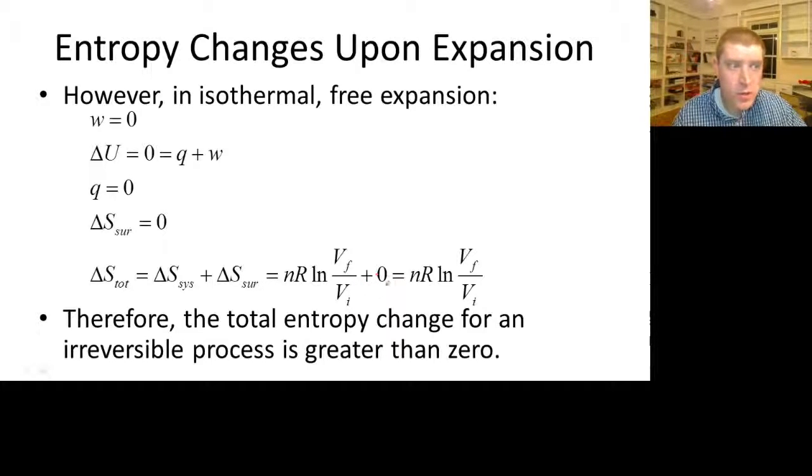So the entropy change for isothermal free expansion is nR ln(Vf/Vi). Here, the entropy change is not 0. Thus, the total entropy change for an irreversible process is not 0, it's greater than 0. It has to be greater than 0.